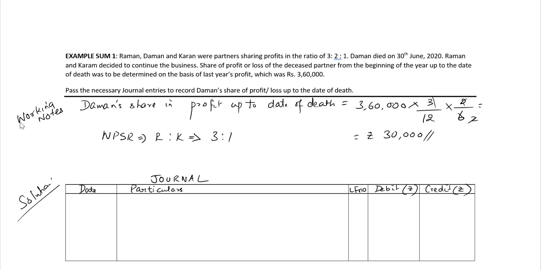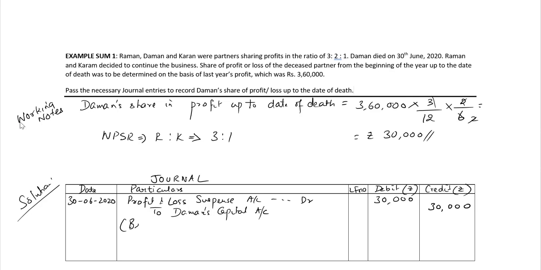The date of death of Daman is 30th June 2020. Profit and loss suspense account debit, to Daman's capital account. Amount as calculated, 30,000 rupees.